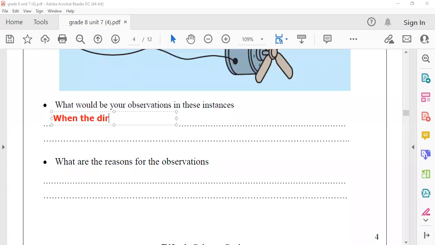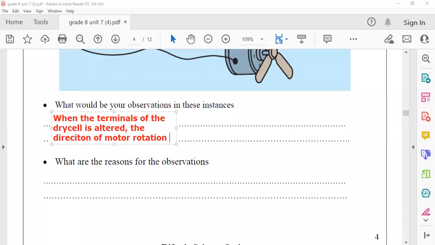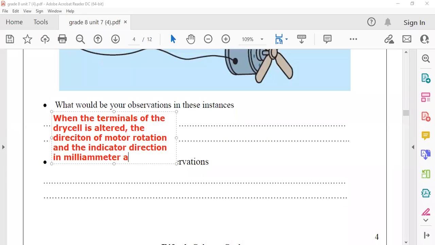When the direction of the current, or when the terminals of the dry cell are altered, the direction of motor rotation and the indicator direction in the milliammeter are changed.